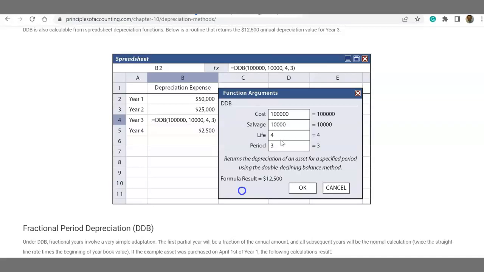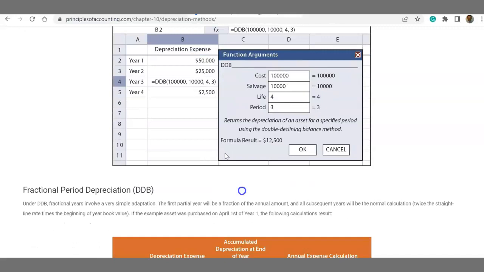Let's say for year 3, your depreciation will be 12,500. If it's year 4, you enter period 4 here, and the calculation ends up to be 2,500 automatically. Excel will do it for you.